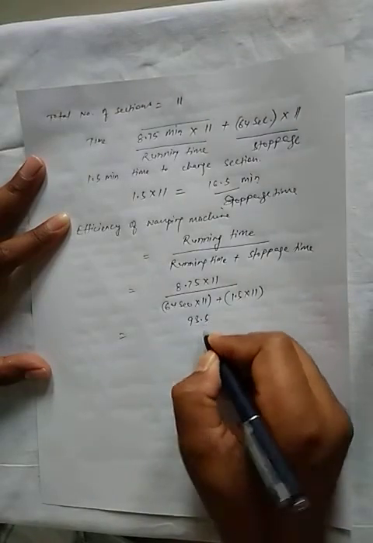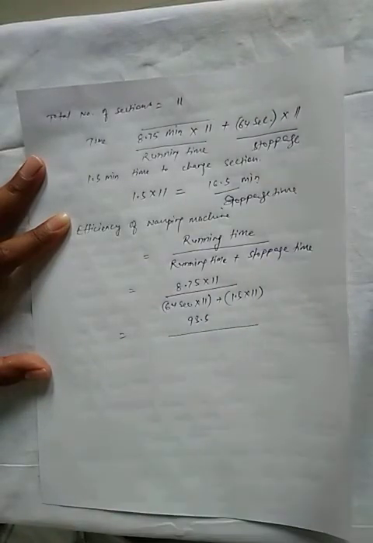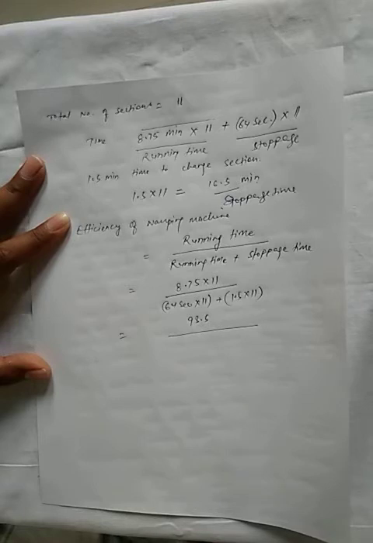The running time is 93.5 minutes. Here we have stoppage time in seconds. So 64 multiplied by 11 is 704 seconds.